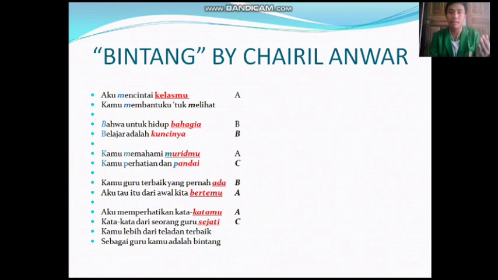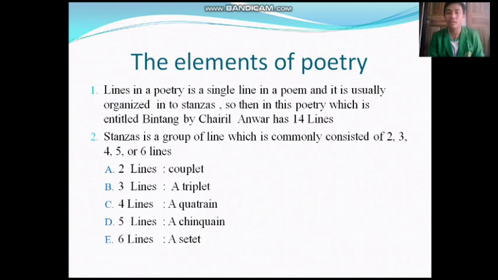Four of them consist of 2 lines, which we call couplets, and the last stanza consists of 4 lines, which we call a quatrain.